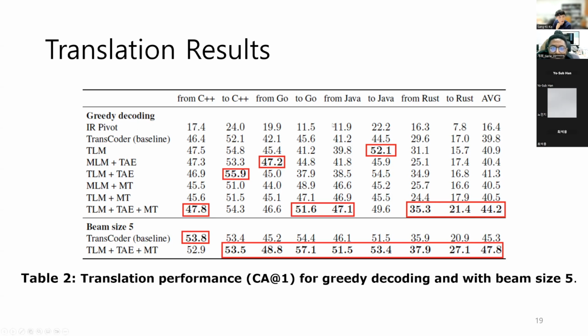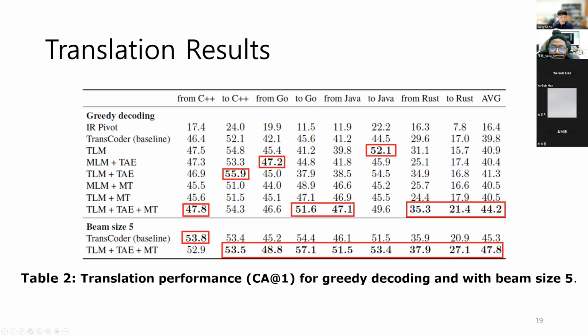So the output is the code translation, actual source code. The output is source code. For example, when we say from C++, we are taking as input a C++ IR representation, but the output is another programming language's source code.